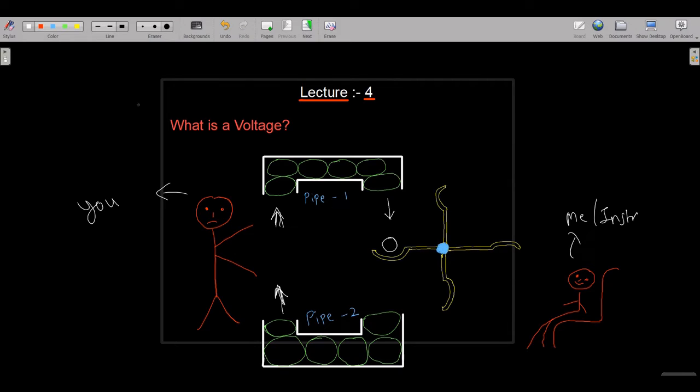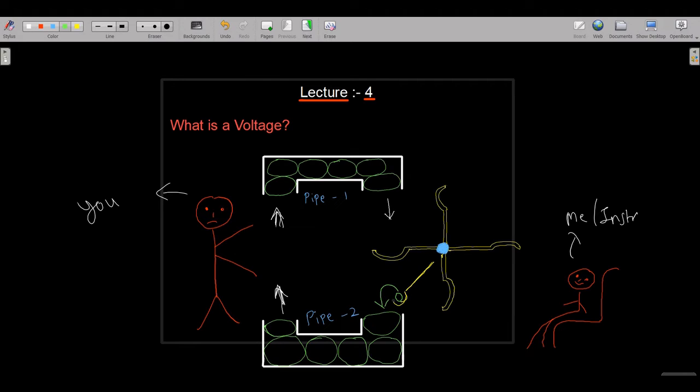As soon as it fell on this shape of a fan, the fan began to rotate in this direction. But at the same time, as soon as this rod of the fan came in this direction, the ball which was present on this shape fell down in pipe 2 again.